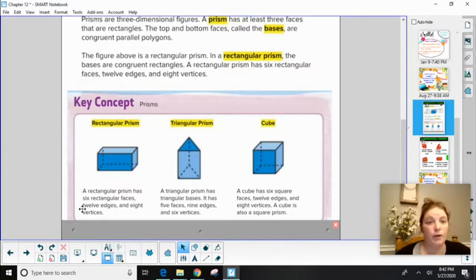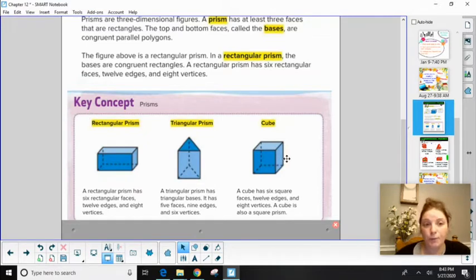We just went over that one. 6 rectangular faces, 12 edges, and 8 vertices. And then we have a triangular prism. A triangular prism has triangular bases. So the top and bottom are congruent parallel triangles. And this has a total of 5 faces, 9 edges, and 6 vertices.